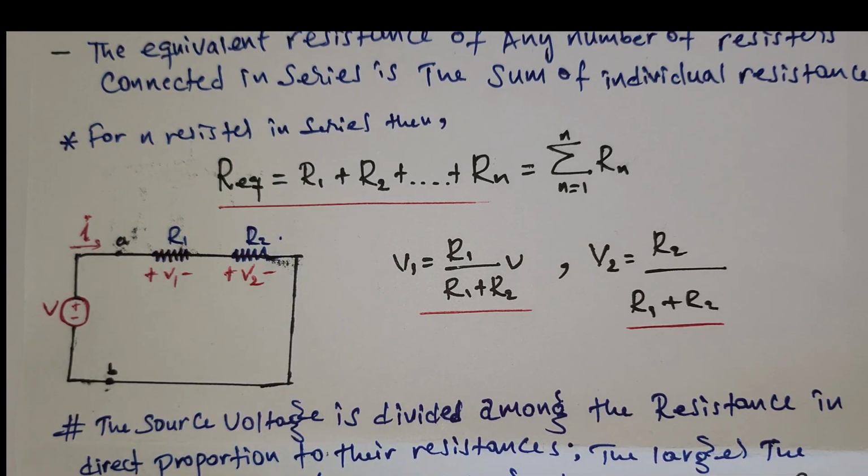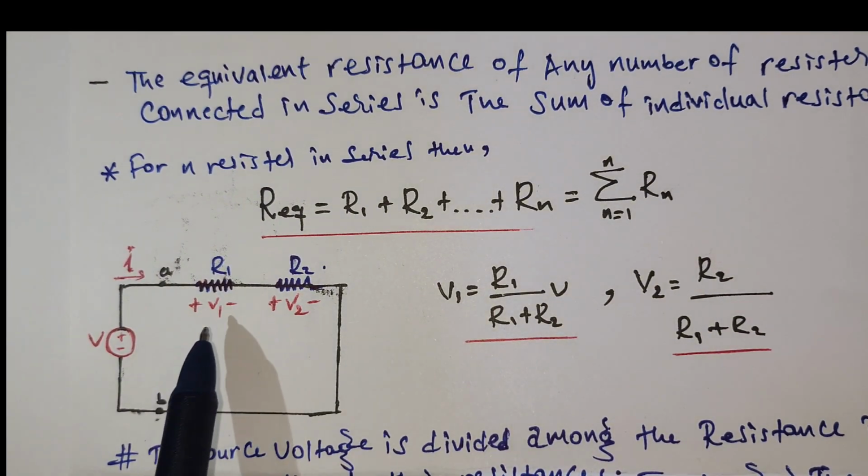The second concept is about voltage division. A source voltage is divided among the resistances in direct proportion to their resistance. The larger the resistance, the larger the voltage drop across that resistor.